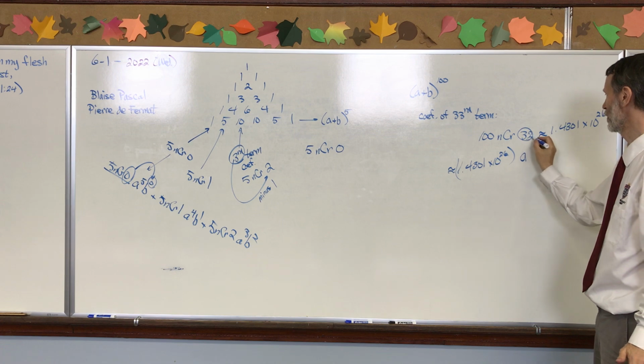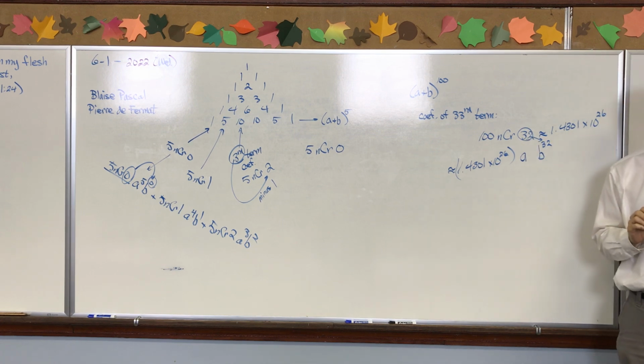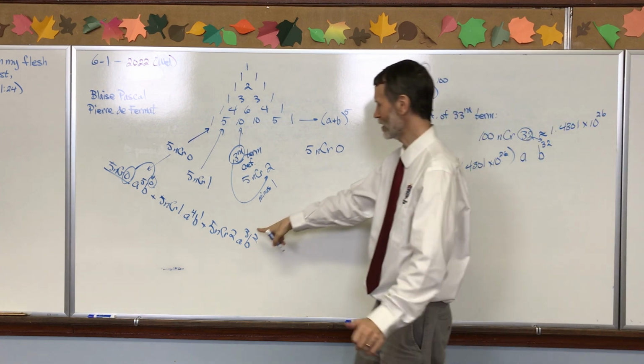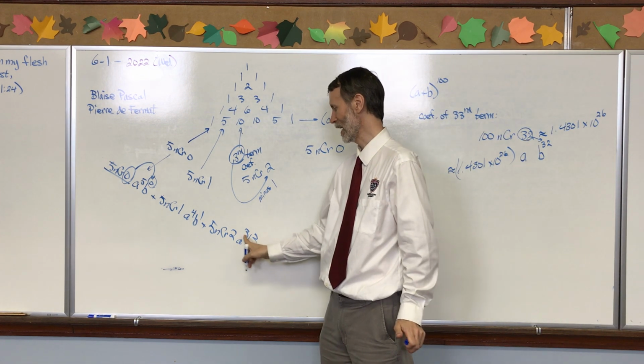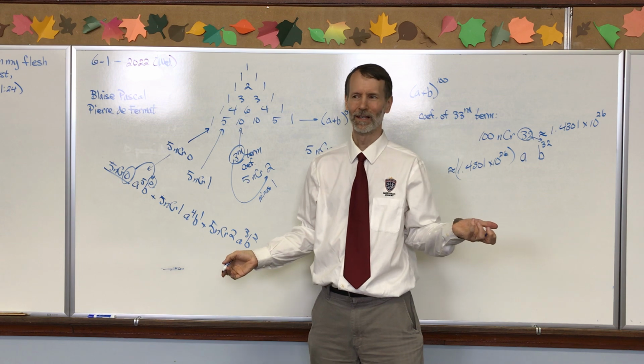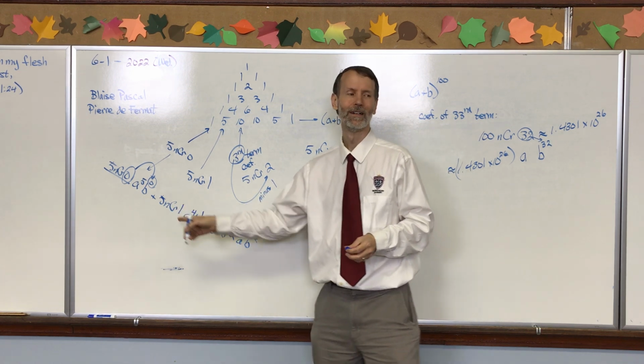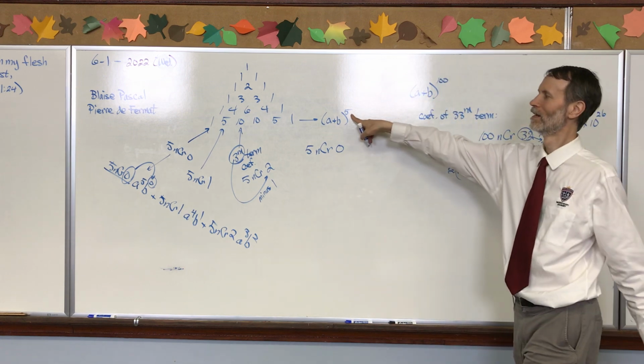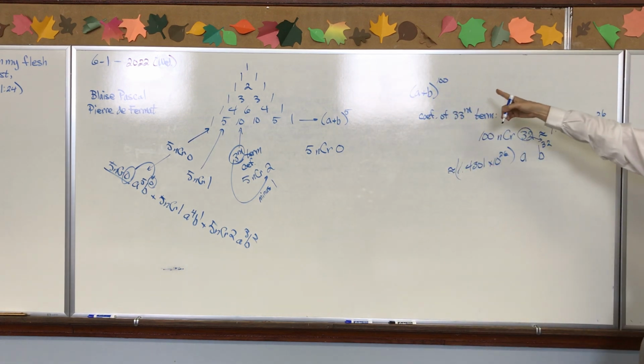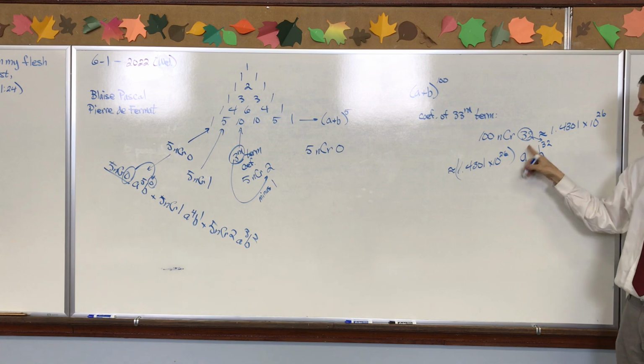Can anybody tell me what the power of a has to be? There's a sneaky little trick here. If this is a to the 3rd, b to the 2nd, what do they always have to add up to be? 5. These have to add up to what? 100. Anybody want to take a shot at it?